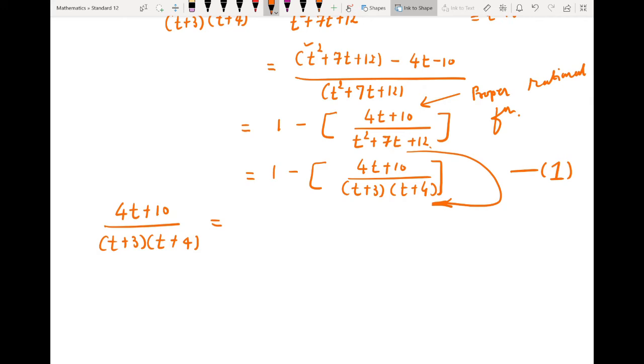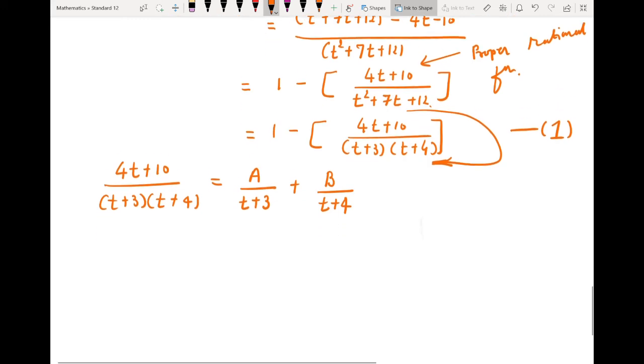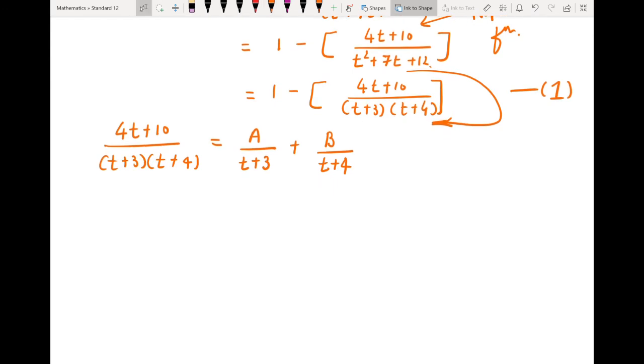In denominator we have factors which are linear and non-repeated. A upon t plus 3, b upon t plus 4. Now to evaluate constants a and b, take t equal to minus 3, it will give value for a, and when you take t equal to minus 4, it will give value for b.